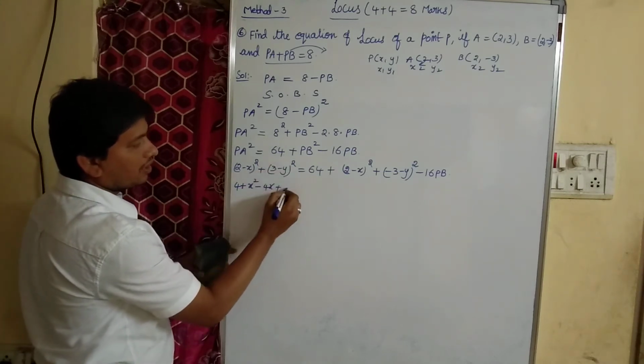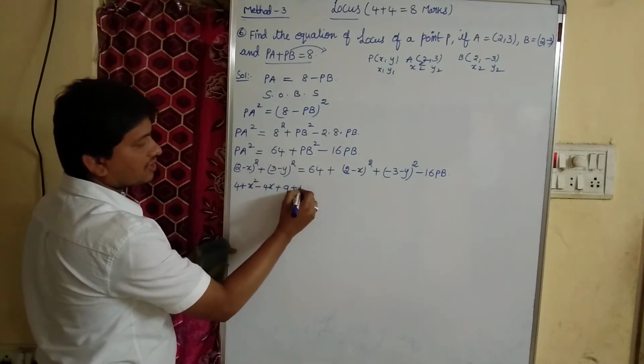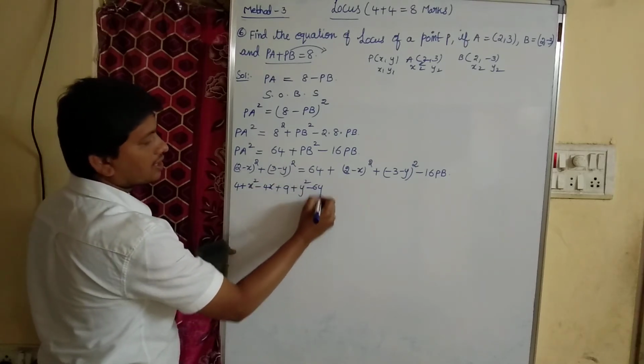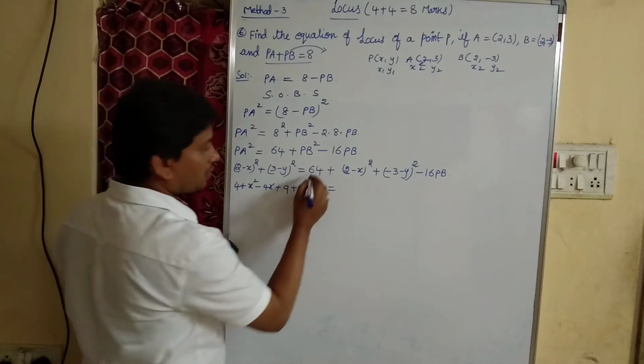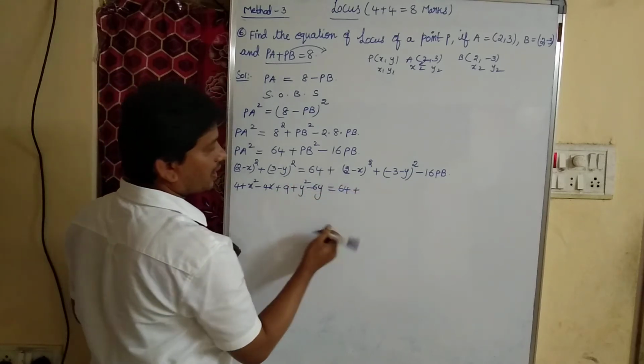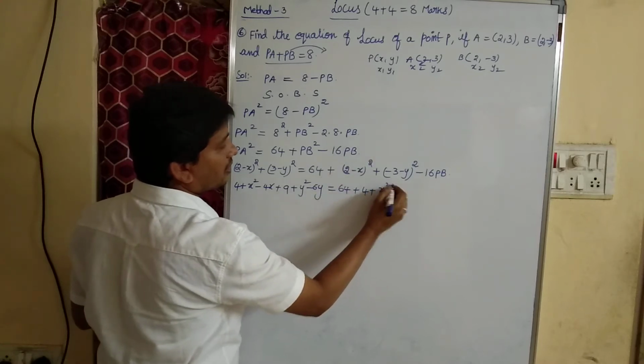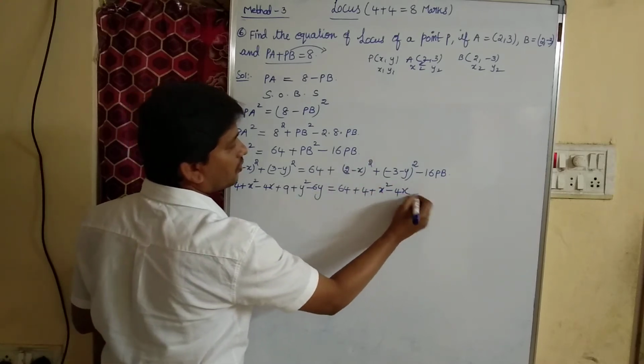Next, 3 square is 9, plus y square minus 2 into 3 into y, that is 6y, equal to 64 plus 2 square 4 plus x square minus 2 into 2x, 4x.